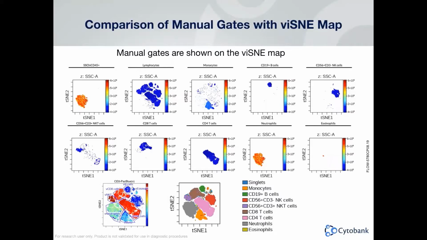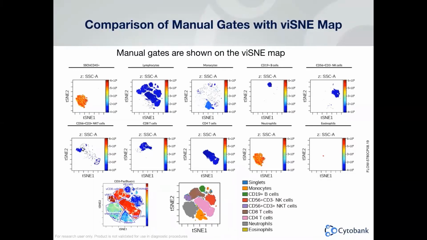So let's look at another case here, NKT cells. This is the viSNE identified NKT cells, and if I overlay and visualize my manually gated NKT cells on the map, you'll see the majority of them overlay nicely with viSNE identified NKT. However, I still have some events scattered around in the lymphocyte region.